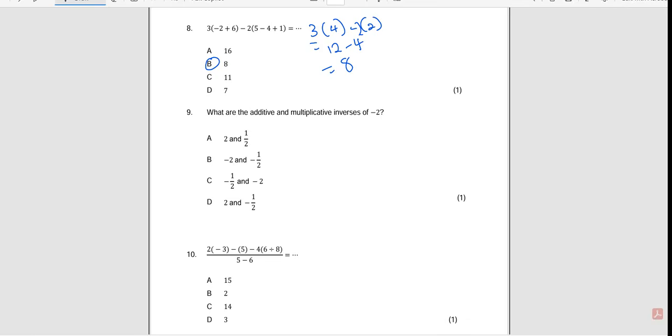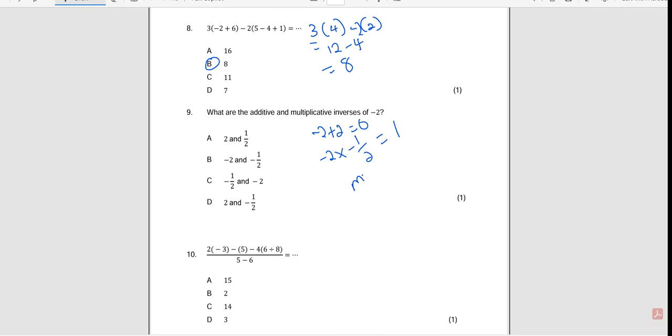The multiplicative inverse is the number that I have to multiply with negative 2, and it must give me positive 1. So which number do I need to add to negative 2 to give me 0? Positive 2, to give me 0. And negative 2 times negative 1 over 2 will give me 1.